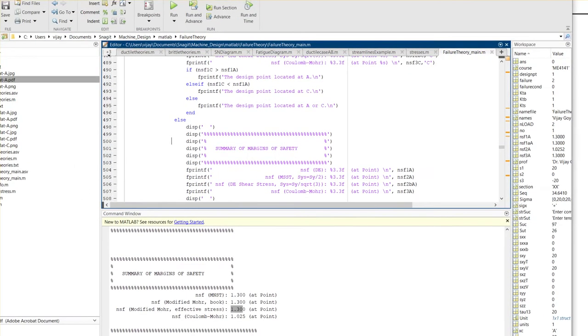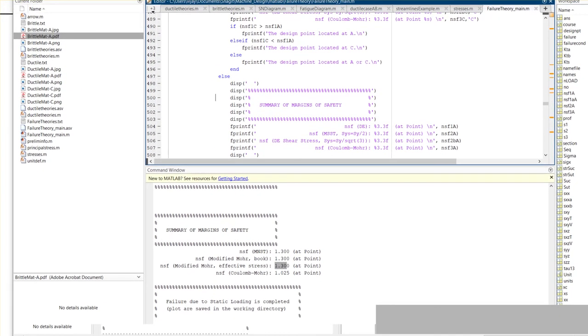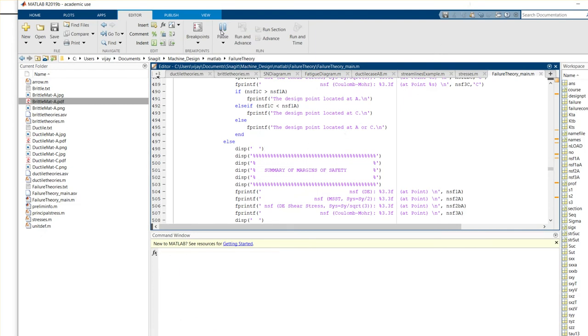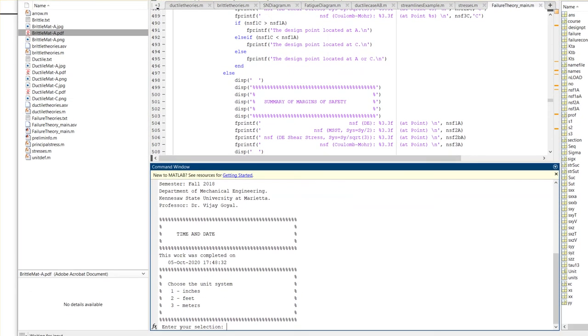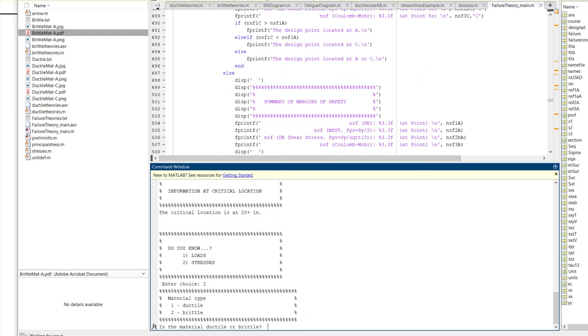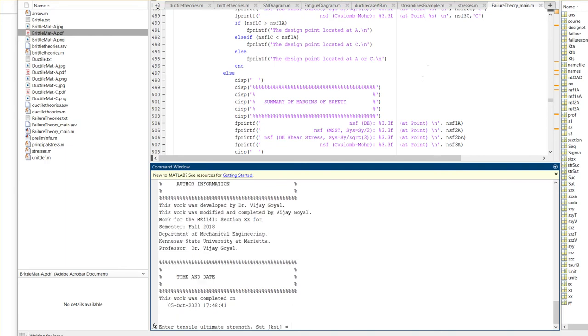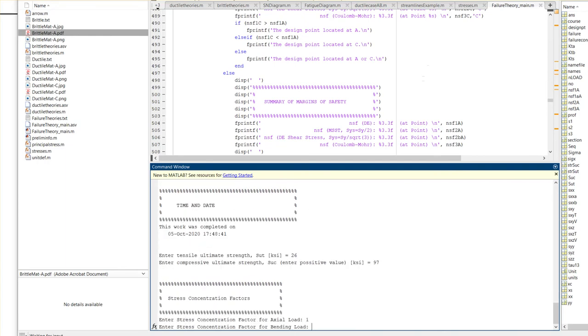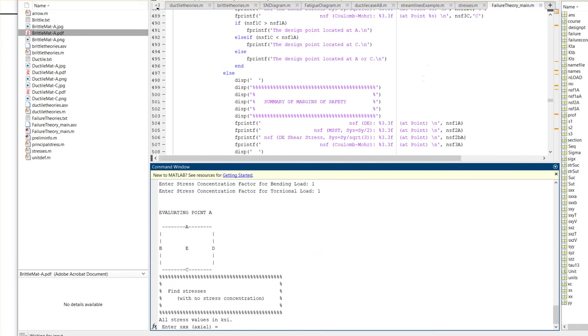Again, you can run all these cases by yourself. I care a lot about the results of a final answer. So when I hit play again or run, this is ductile. I'm using 1. These are stresses. It's brittle material, 26, 97. This is 1, this is 1, this is 1.